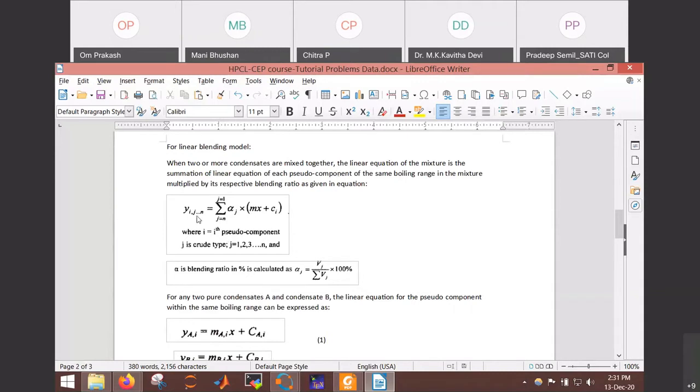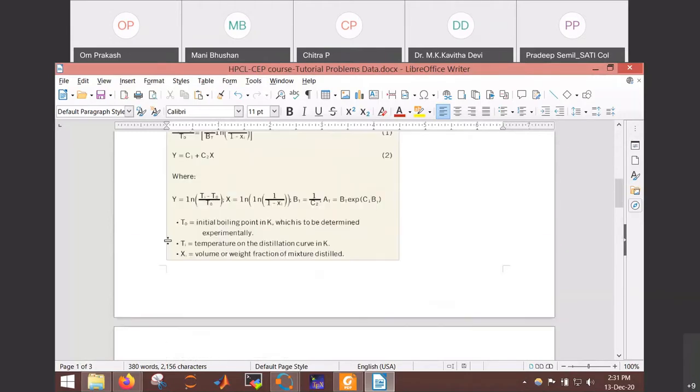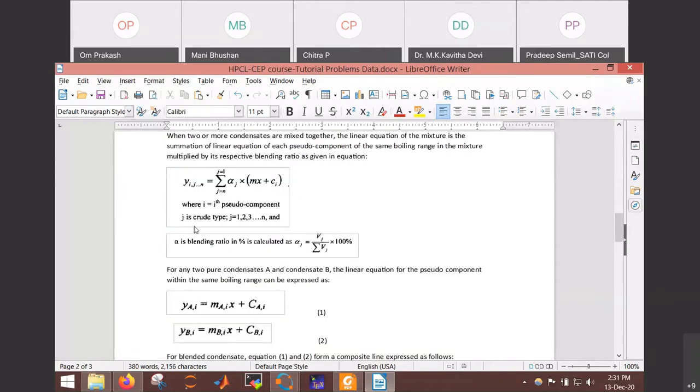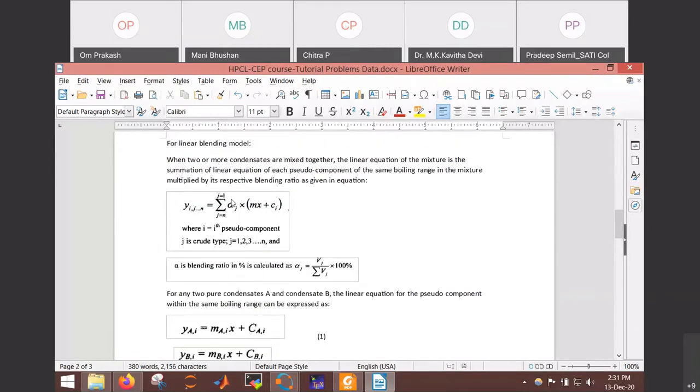So this is my y, this ln term. So this y is equal to a summation over all the components in the mixture, multiplied by this alpha. This alpha is the blending ratio which we want to find, which is the objective of this problem.